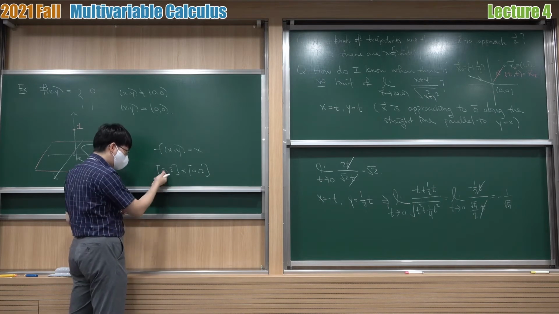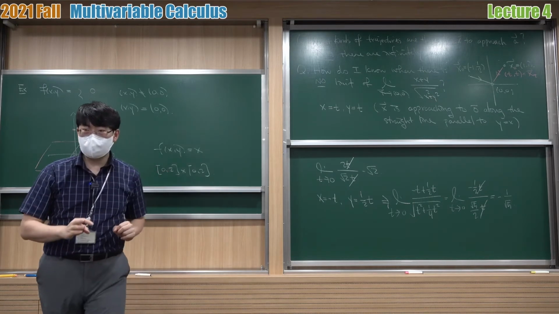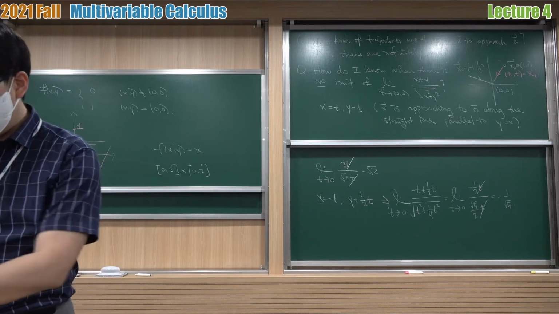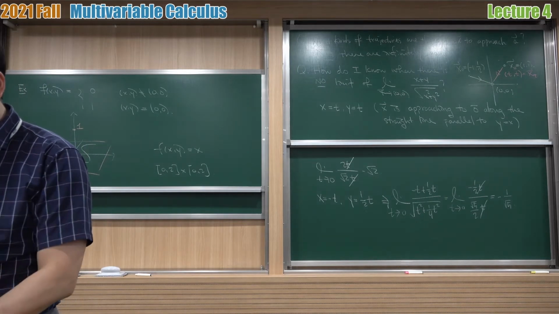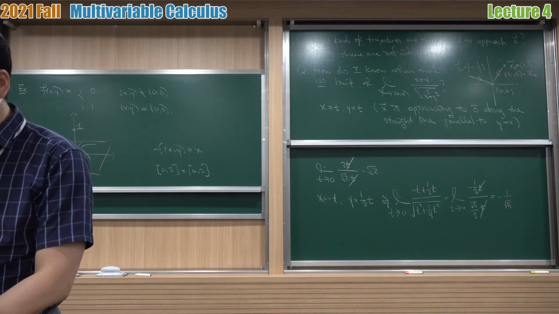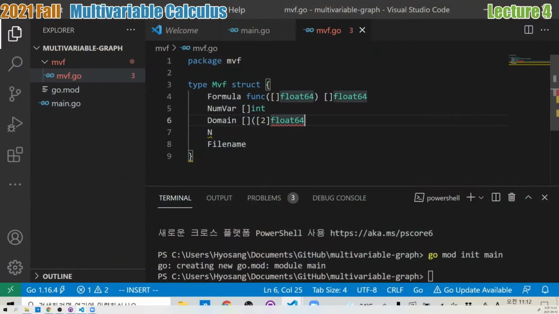That's why I put 2 in here. Basically, you can consider this as taking an array of 2 floats, where 2 floats means an array containing only 2 elements. You shouldn't put the parentheses here. This is for your understanding, and this is it.